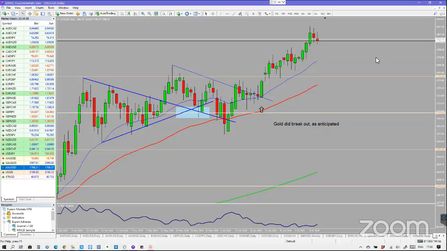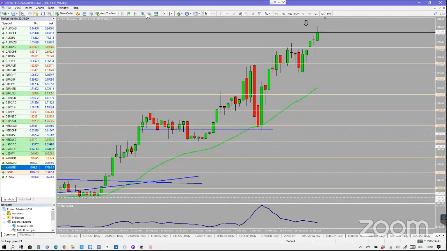And I know I've sounded like a broken record, but all my technicals pointed to gold going to 1800. My next stops are 1826, 1850, 2000, and after 2000, I'll come back to you guys.